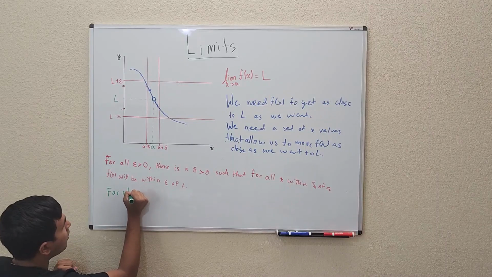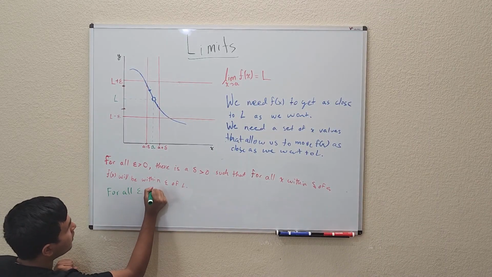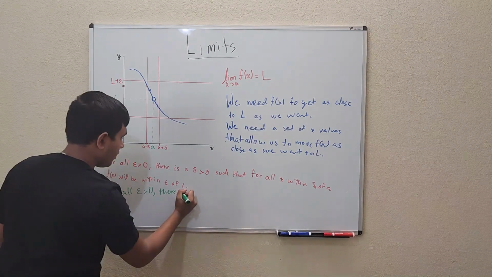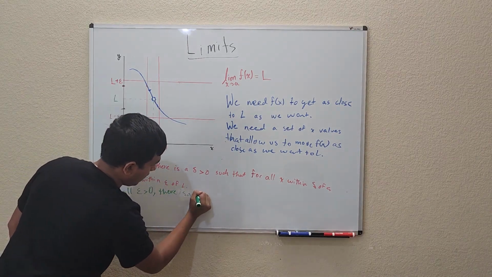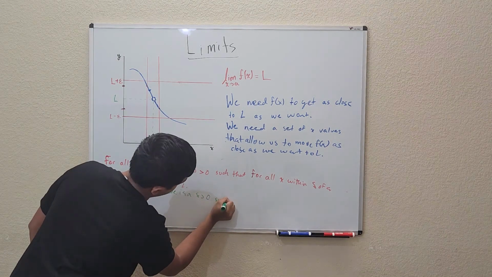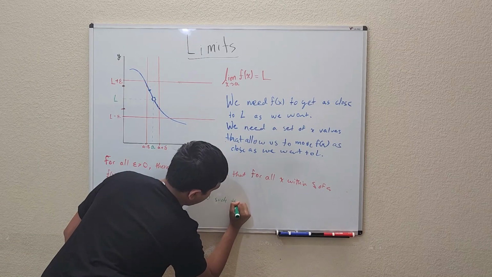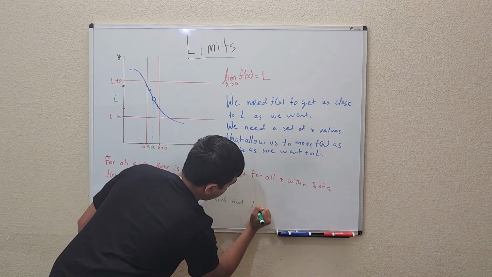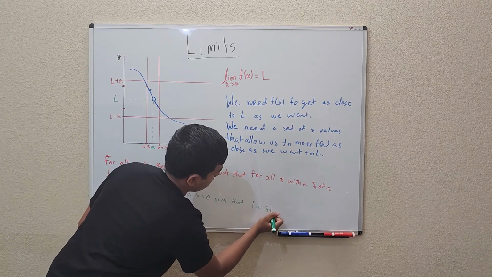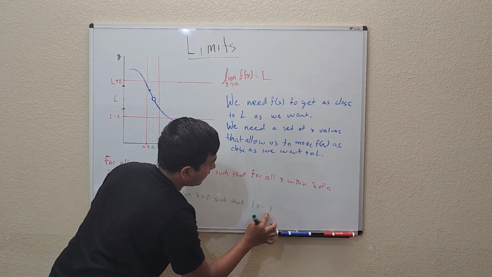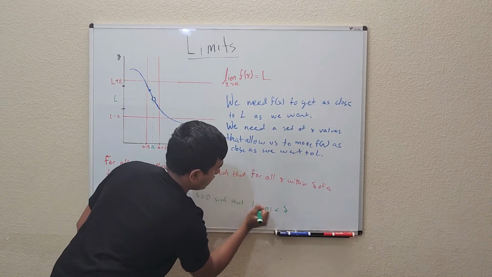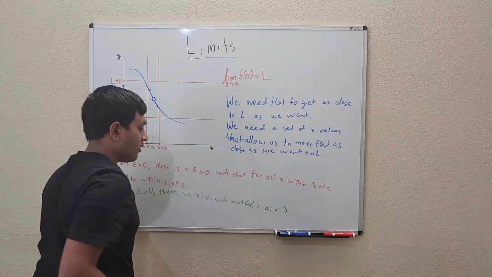For all epsilon greater than 0, there is a delta greater than 0 such that the absolute value of x minus A is less than delta and greater than 0, okay?